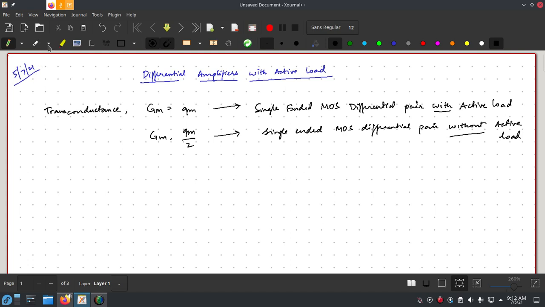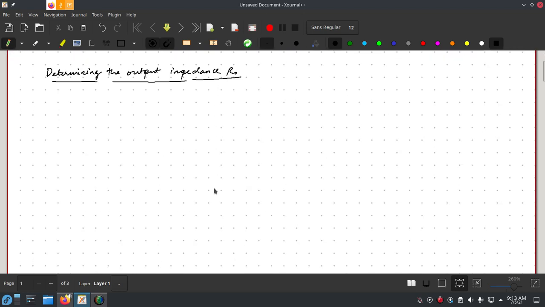Now similarly, let us look at the output impedance, determining the output impedance R0. In this case, remember R0 is the output impedance seen from the load side.